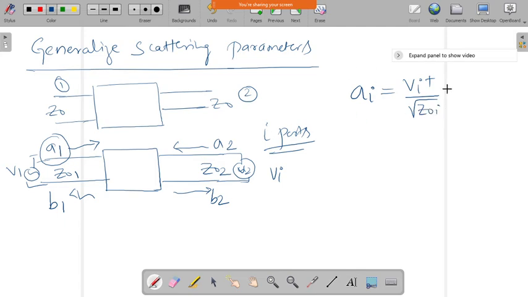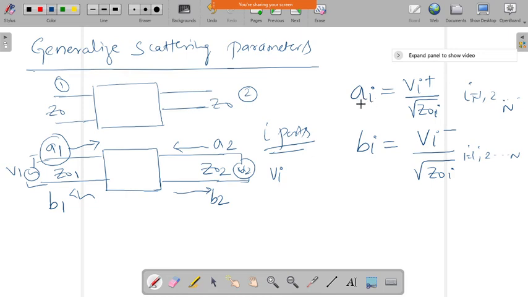This is the incident voltage for a particular port i, which has its own impedance. Similarly, we have the reflected voltage for a particular port, Vi minus divided by root of ZOi, where i equals 1, 2, up to n. So this is the generalized incident and reflected voltage.